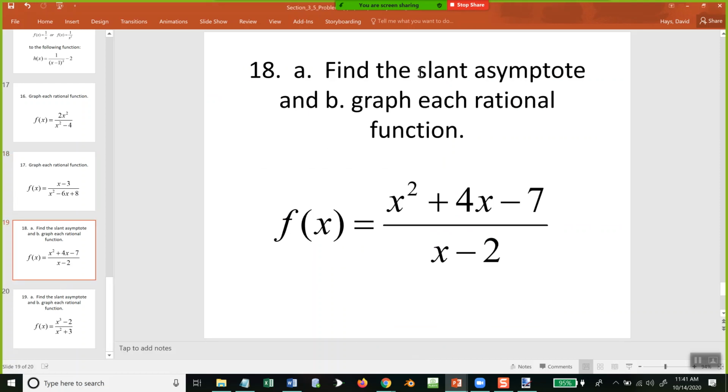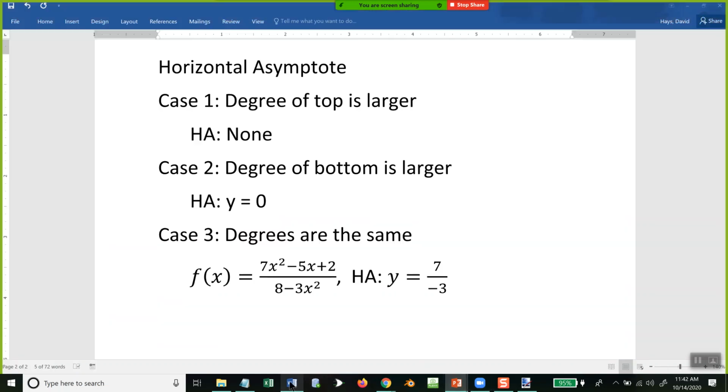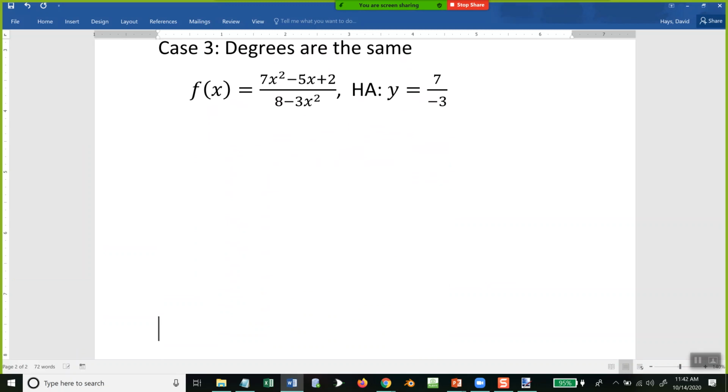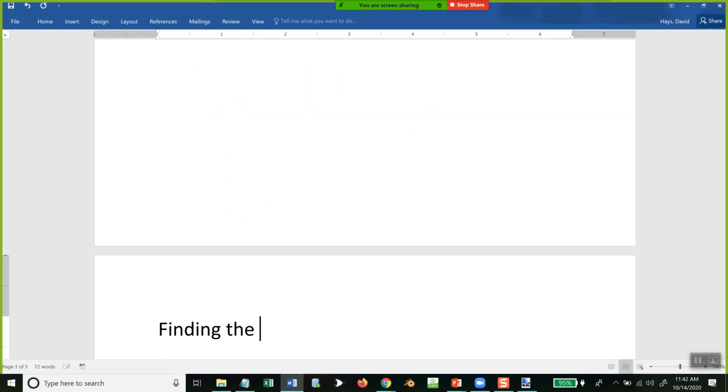These next problems ask us to find a slant asymptote. They also ask us to graph it. I'm not going to graph it, but we'll talk about how to find a slant asymptote. Vertical is up and down, horizontal side to side, slant is an angle. Finding the slant asymptote, that's also called the oblique asymptote.